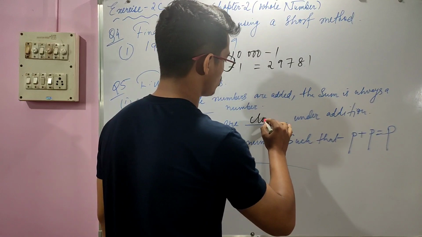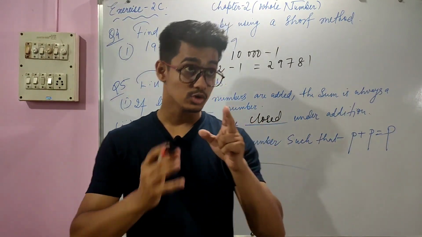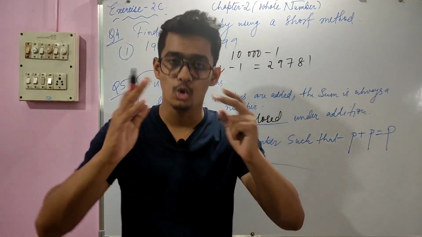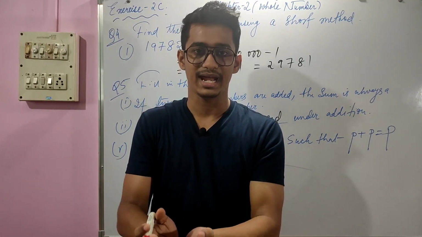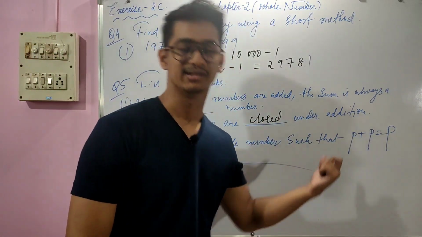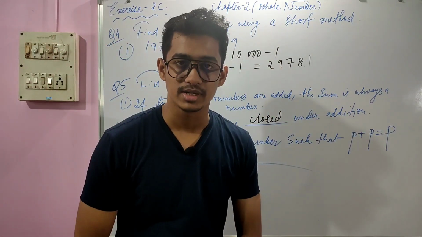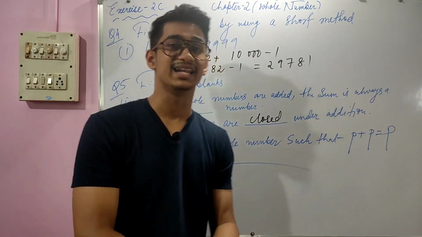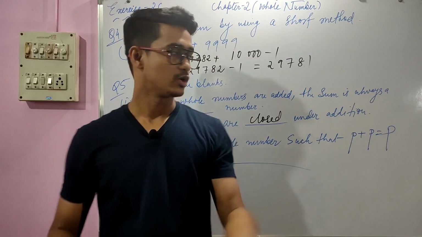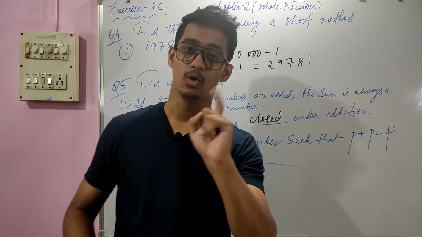What do you mean by closed? Closed is basically indicating the closure property. So whole numbers are closed under addition, because if I take pairs of numbers under whole numbers and add them up, the result will be a whole number.